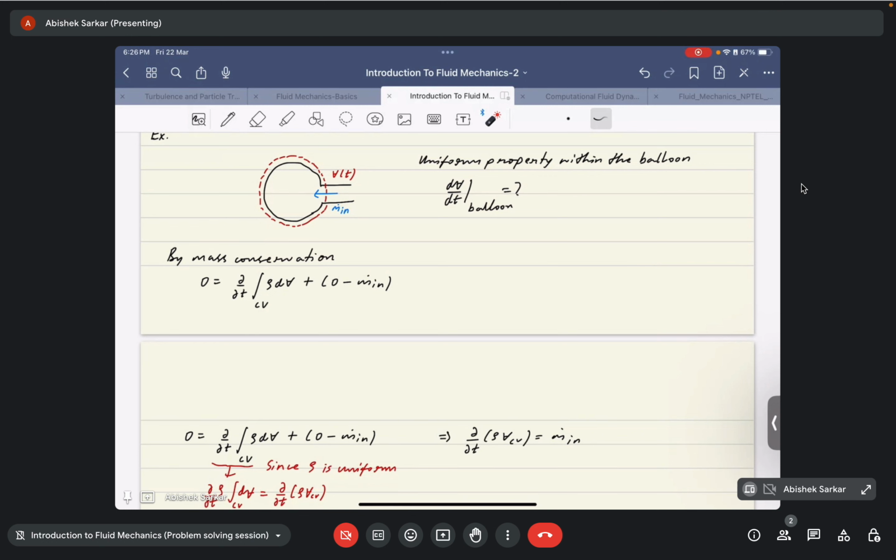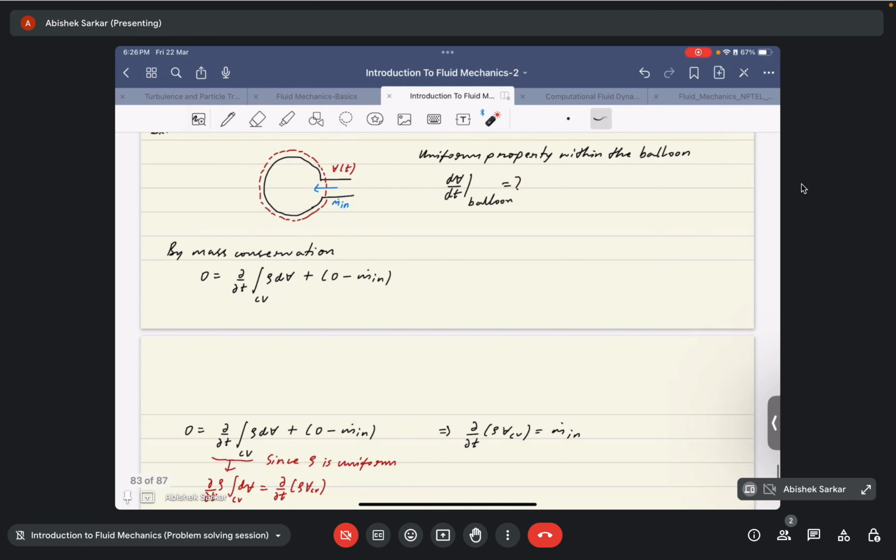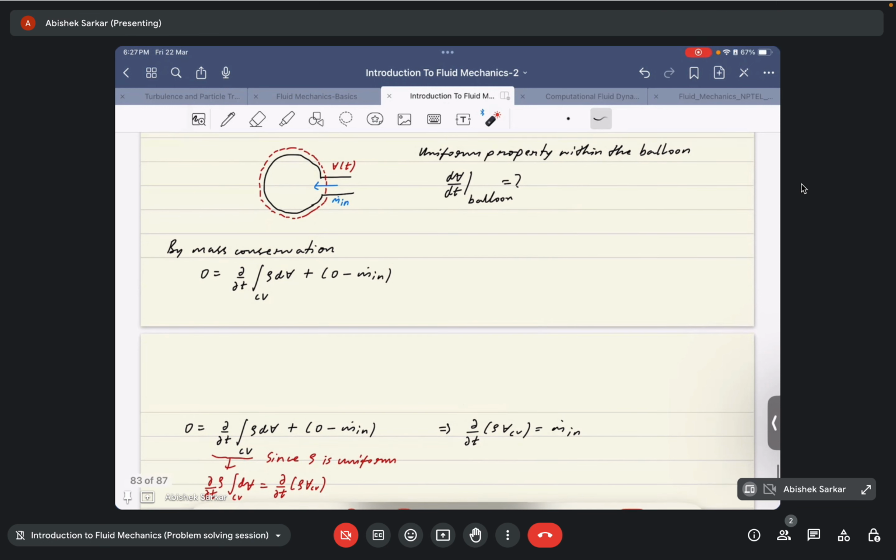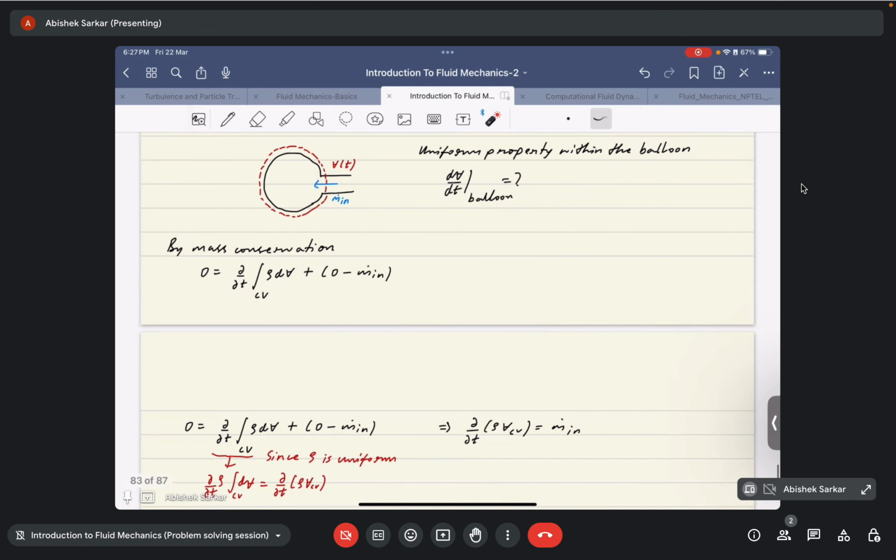Okay, so for this case, we will choose this red dotted line as our control volume, and if we apply conservation of mass, we will get ∂/∂t of the volume integral of rho dV, plus 0 minus m dot in, is equal to 0. You will ask why it is 0.